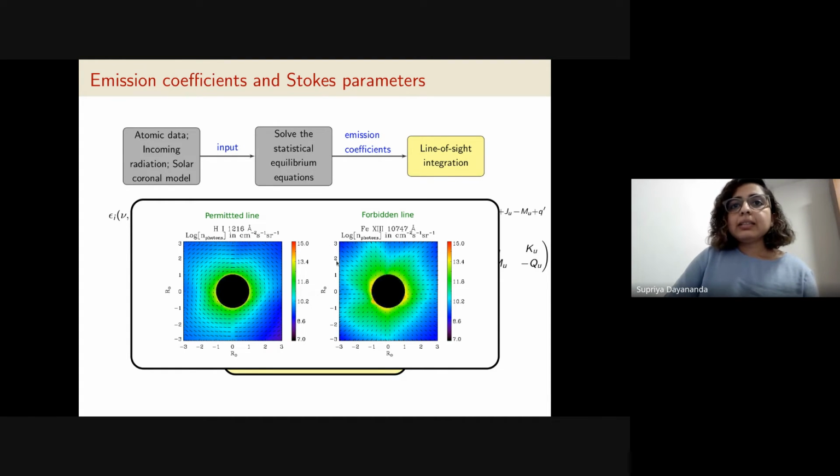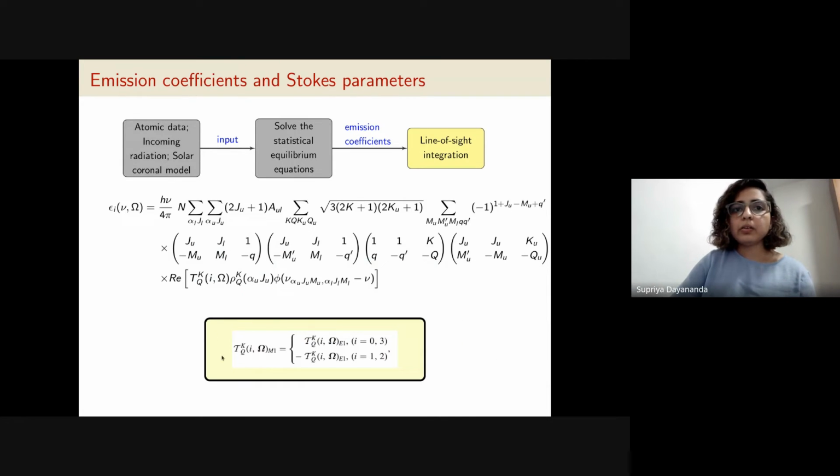The black lines here represent the direction of the linear polarization in each case, and you see that for a permitted line it's always parallel to the solar limb, and for a forbidden line it's perpendicular to the solar limb. This difference in the sign of the linear polarization signal simply comes from the change in the sign of the geometrical tensor.